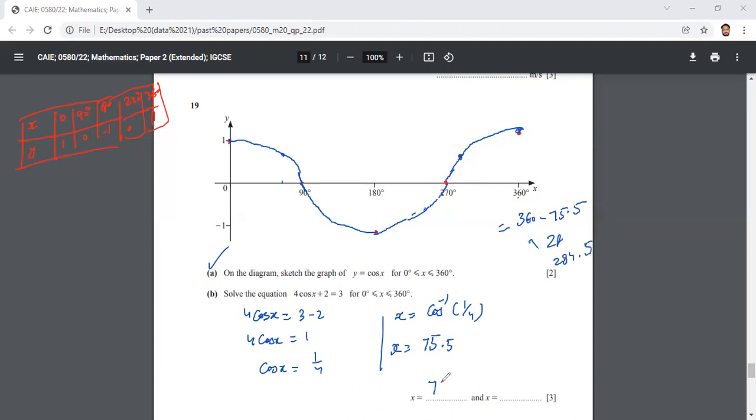So here we get 75.5 and 284.5. Otherwise, you can check the quadrant rule also: you get positive cos in the first and fourth quadrants.